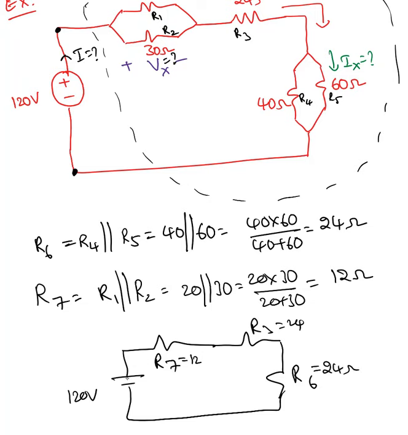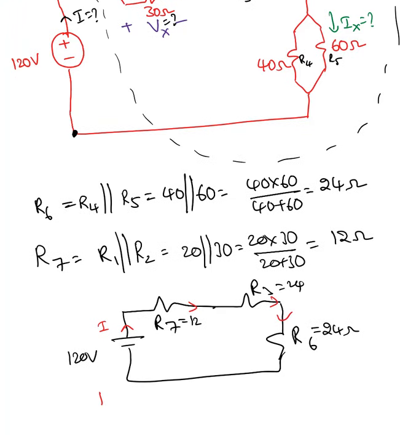Okay, remember, if the same current is passing through each element, then they are in series. So whatever current starts from here is going to pass through this, through this, through this. Okay, so all those three elements are in series. So R total equal to 12 plus 24 plus 24, which is 60 ohms.